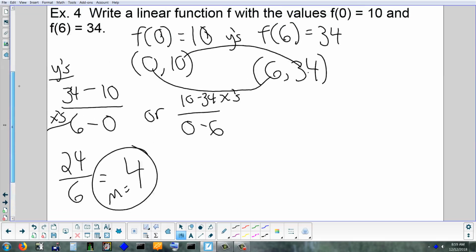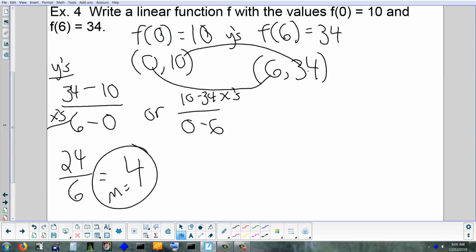Now I'm going to set it up in slope-intercept form. What do I start with? Y equals. I have everything I need now, right? After that y equals is going to be what, Dylan? So what's the formula? Y equals mx plus b.